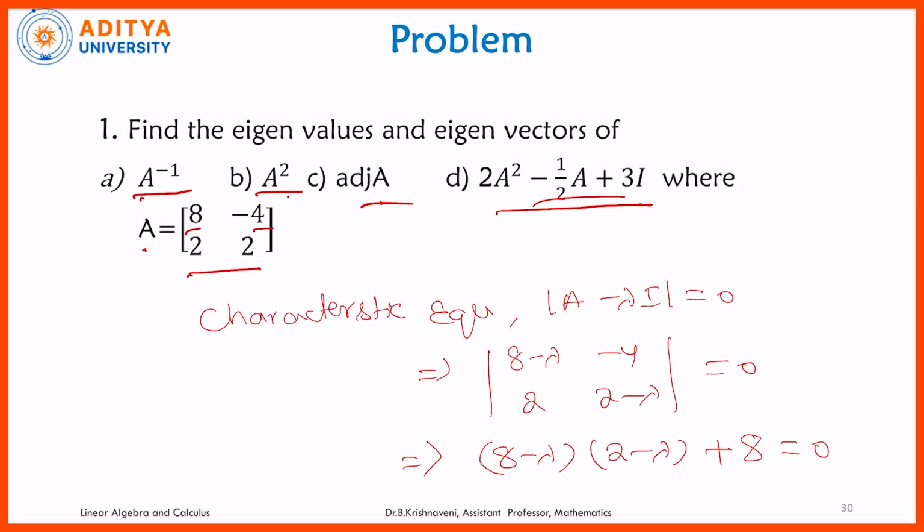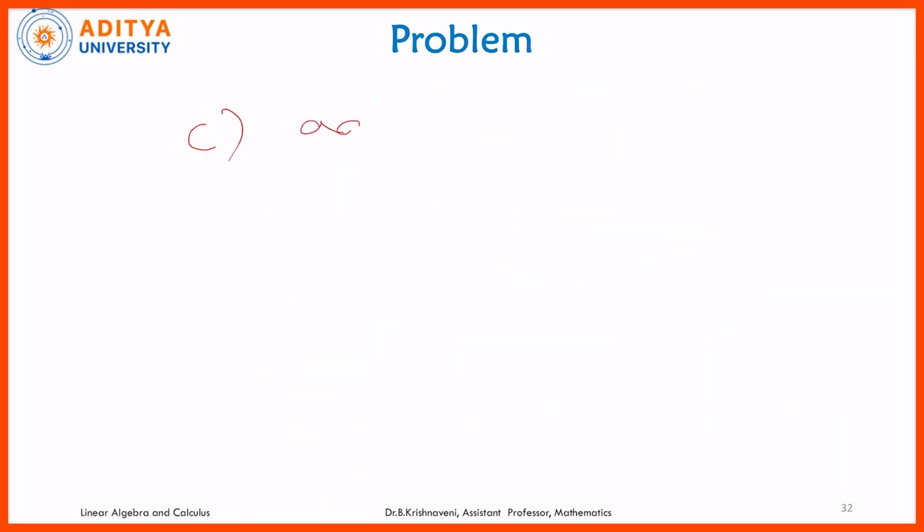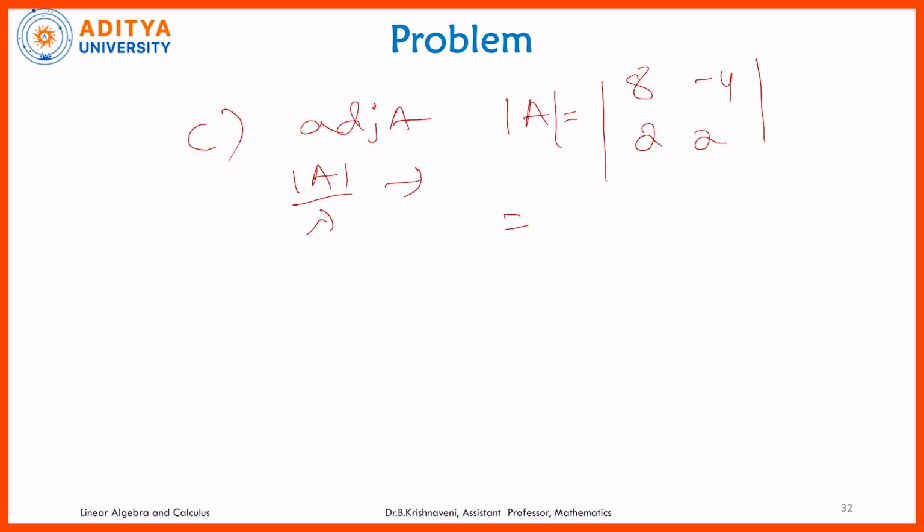Now coming to the third, adjoint A, we need the eigenvalues of adjoint A. The property is, if lambda is an eigenvalue, det A by lambda represents an eigenvalue for adjoint A. So for that we need det A. Det A is the det of 8, minus 4, 2, 2, which is equal to 16 plus 8, that is equal to 24.